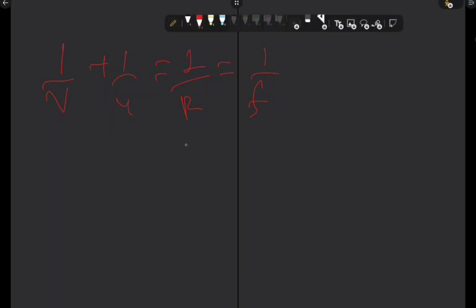I am going to tell you. U is equal to object distance. V is equal to image distance in this formula. R is equal to radius of curvature in this formula.